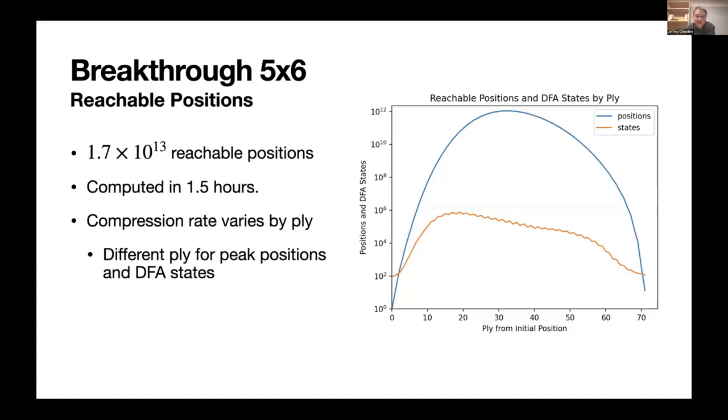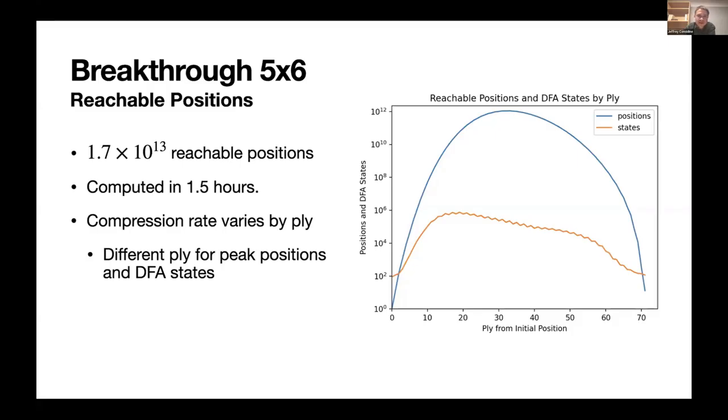The compression rate varies by ply. You can see this chart. The top line is the number of positions at each ply, and the bottom line is the number of states in the finite automata. To give you an idea of, all our operations are going to be proportional to that, and this is in log scale. So when the bottom line is half the height of the top line, it's the square root of the size, basically.